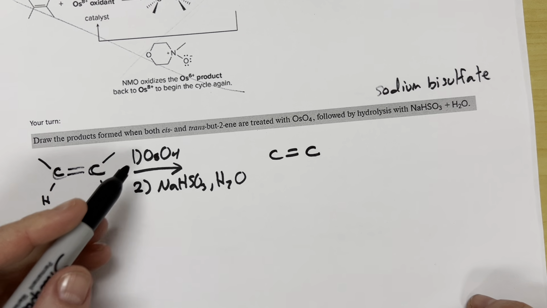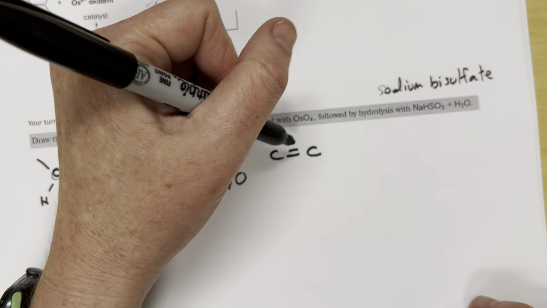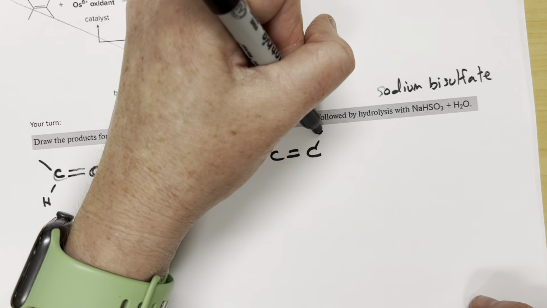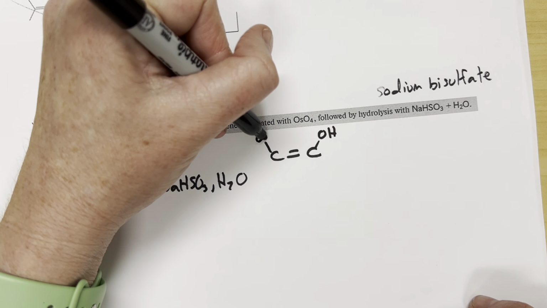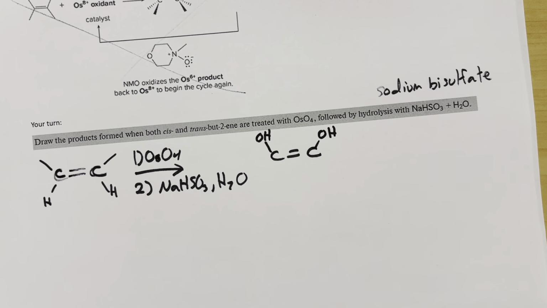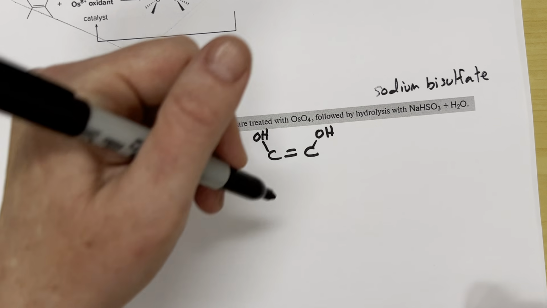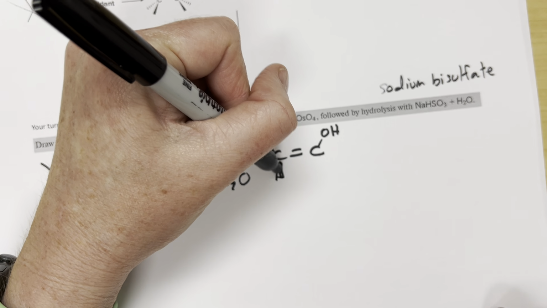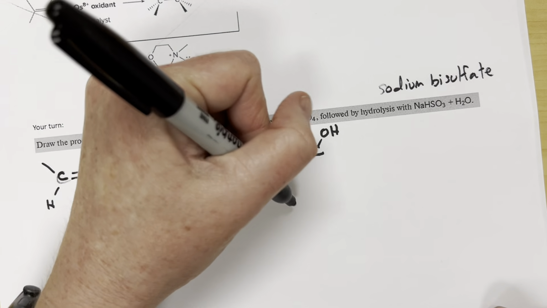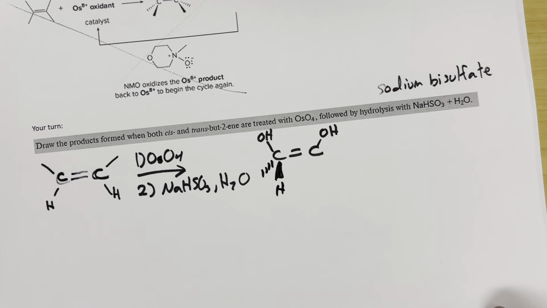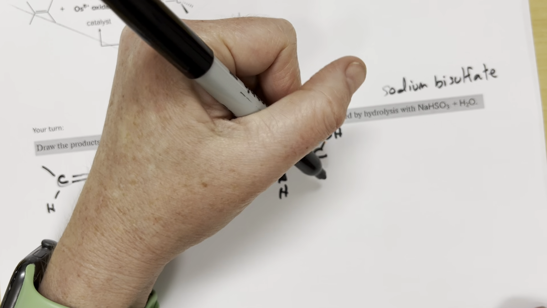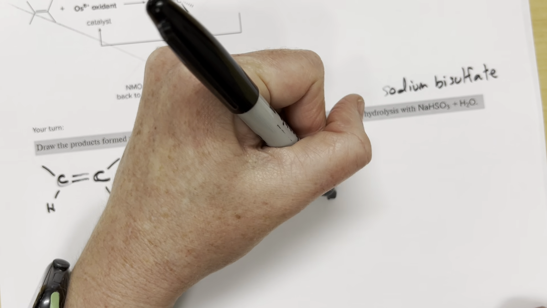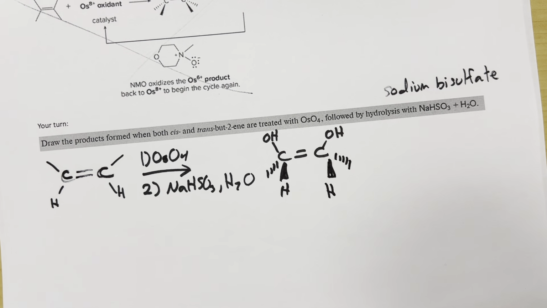So we're going to add, remember, a diol, and in this case, the alcohols will add cis, because again, it started cis. This will be our H, this will be our methyl group, this will be our H, and this will be our methyl group.